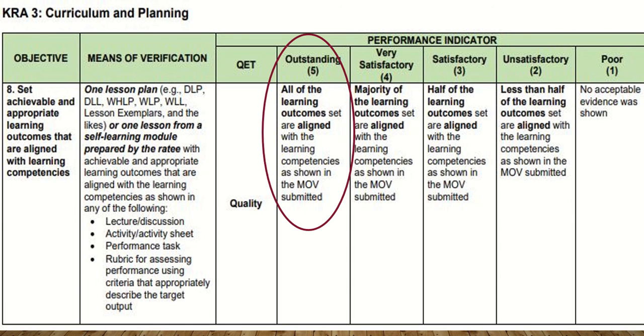Or one lesson from the self-learning module prepared by the ratee with achievable and appropriate learning outcomes that are aligned with the learning competencies as shown in any of the following: lecture or discussion, activity or activity sheet, performance task, rubric for assessing performance using criteria that appropriately describe the target output.